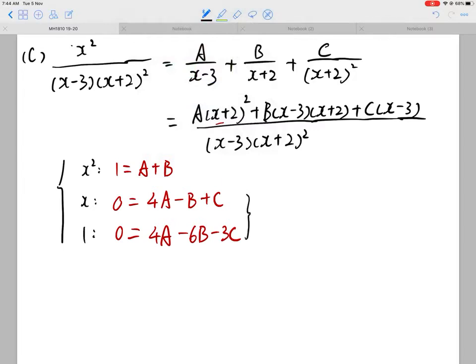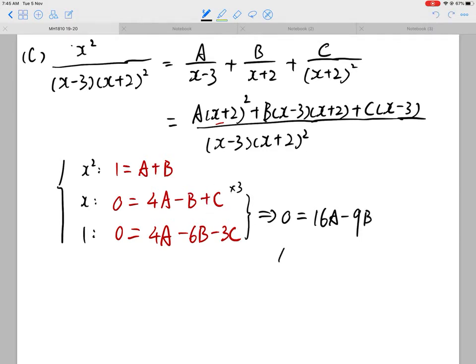So for example, use this equation times 3 plus the last equation, you get 0 equals 16a minus 9b. Right, then c cancels out.